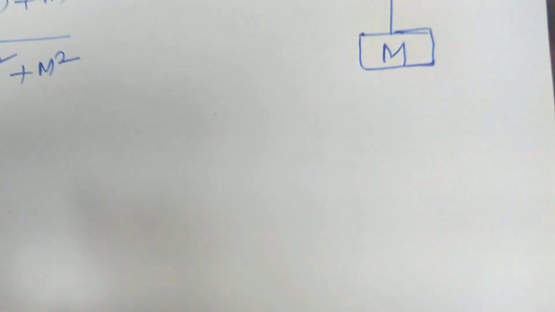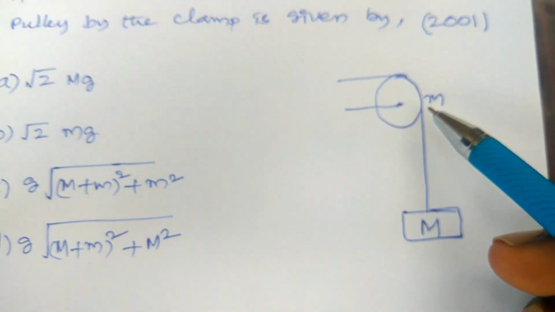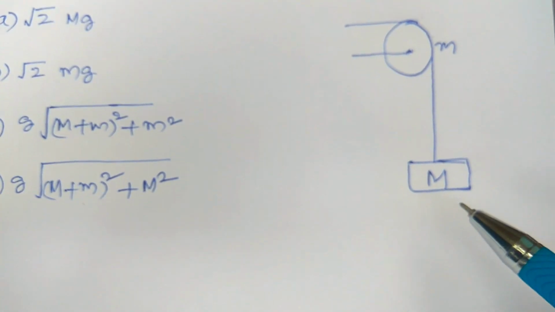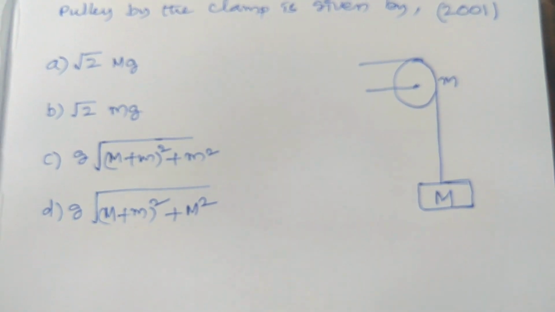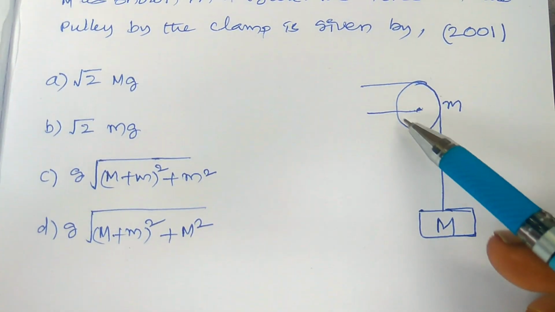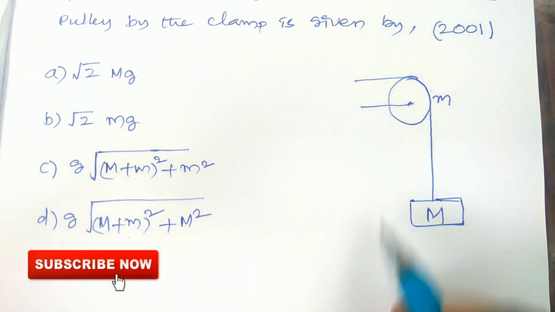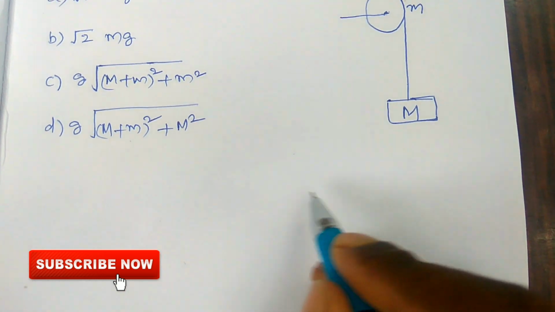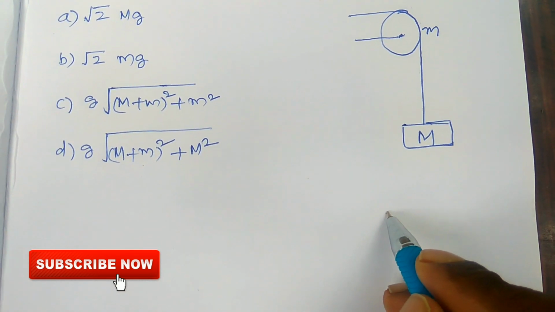So let us see. Here there is a massless string, and there is a block of mass capital M, and small m is the mass of the pulley. We can draw the FBD, the free body diagram.